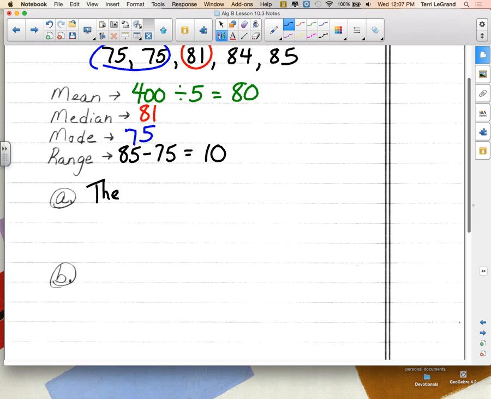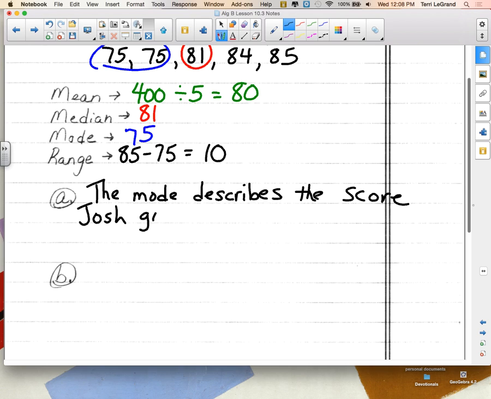The mode describes the score Josh got most often. And that is 75. Which just also happens to be his lowest score, isn't it?